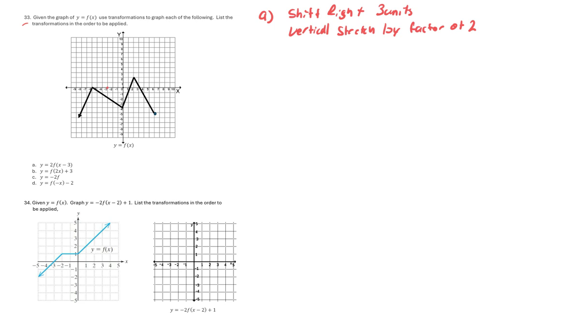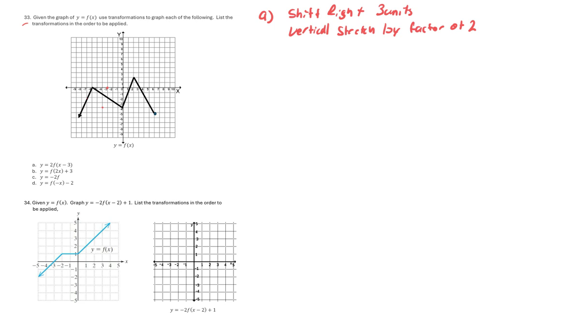And then there's another starting point here at -7, -2. So shift that to -4 and then stretch it by a factor of 2. So we'll end up being -4, -4.